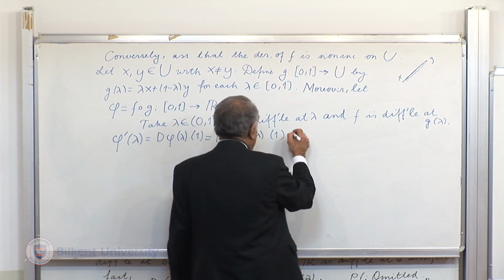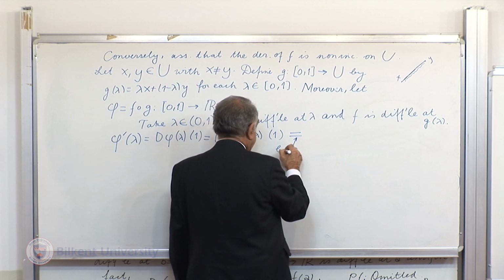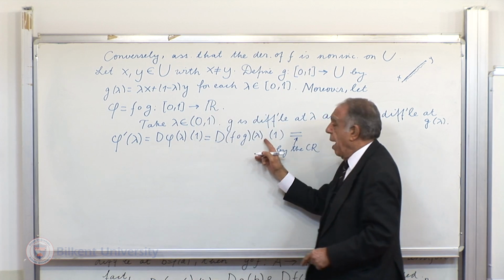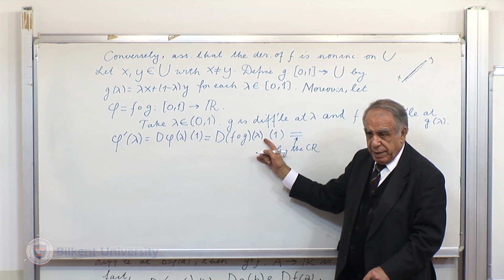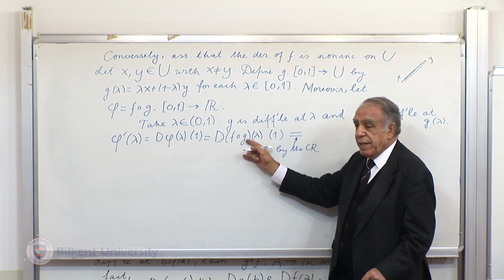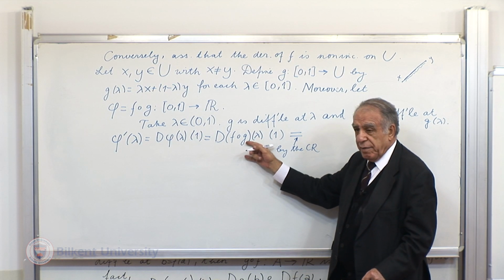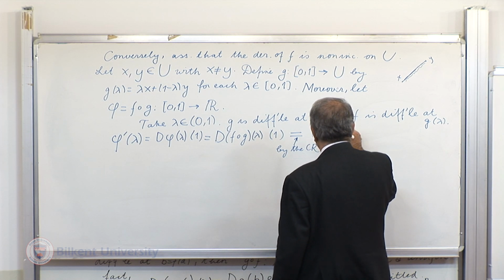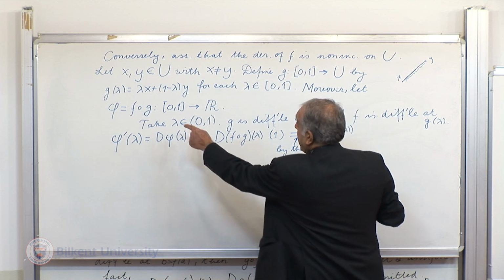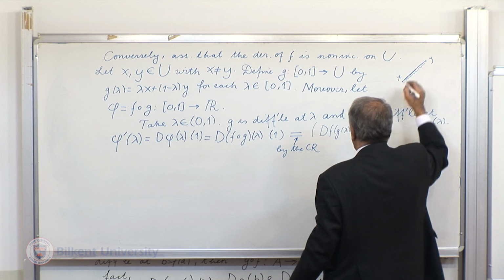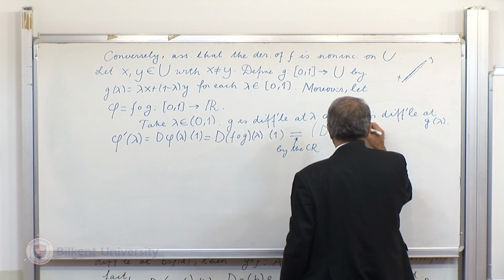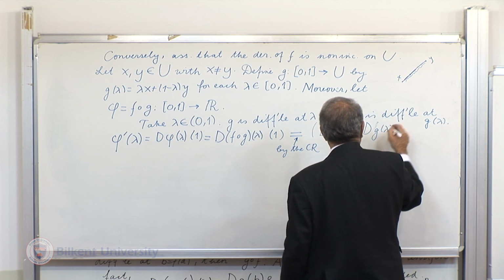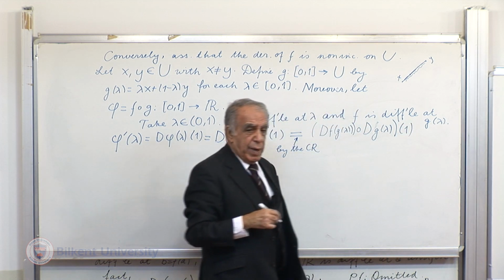Now, by the chain rule, this is the composition of two linear maps: the derivative of f at g lambda, which is at the point lambda x plus 1 minus lambda y, composed with the derivative of g at lambda, and the whole thing evaluated at 1.